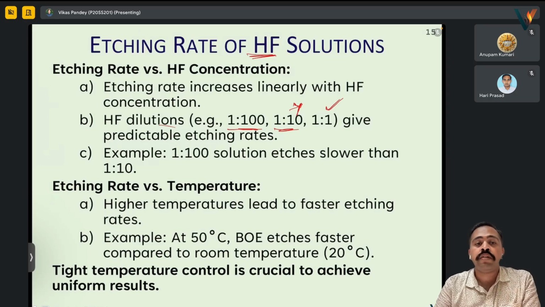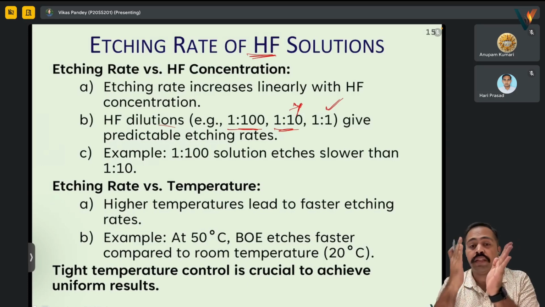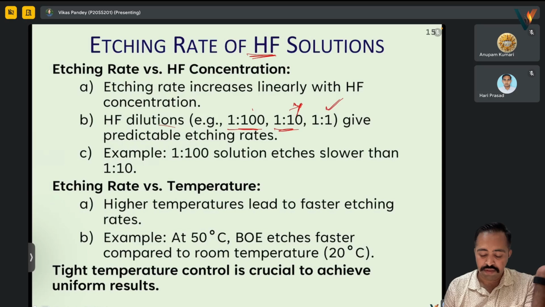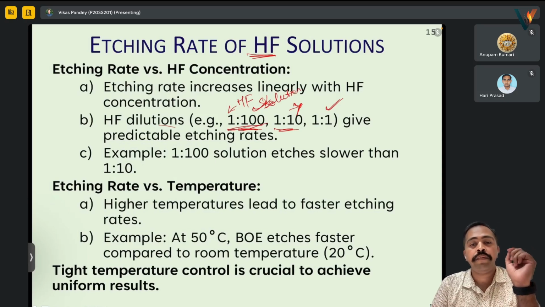If we decrease the concentration to 1:100, where 1 is HF and 100 is DI or the whole solution, we will get a slower rate but highly predictable, highly controlled.